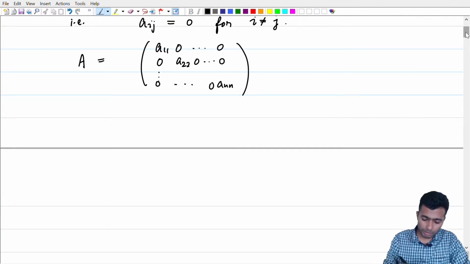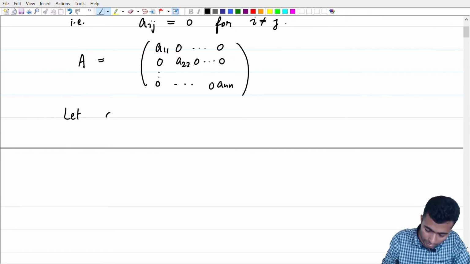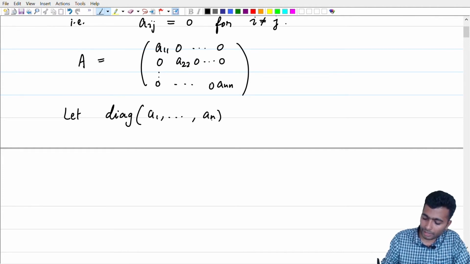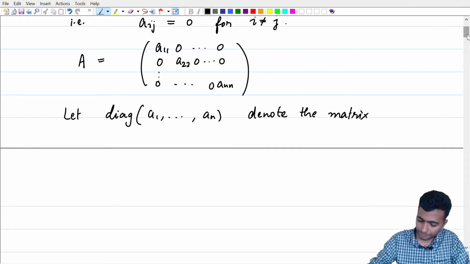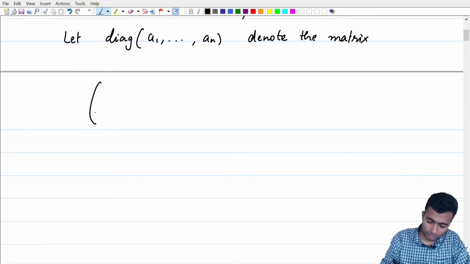So we shall denote by diag the short form expression for this. Let diag(a1, ..., an) denote the matrix which is given by a1, 0, dot dot dot, 0, 0, a2, 0, dot dot dot, 0.